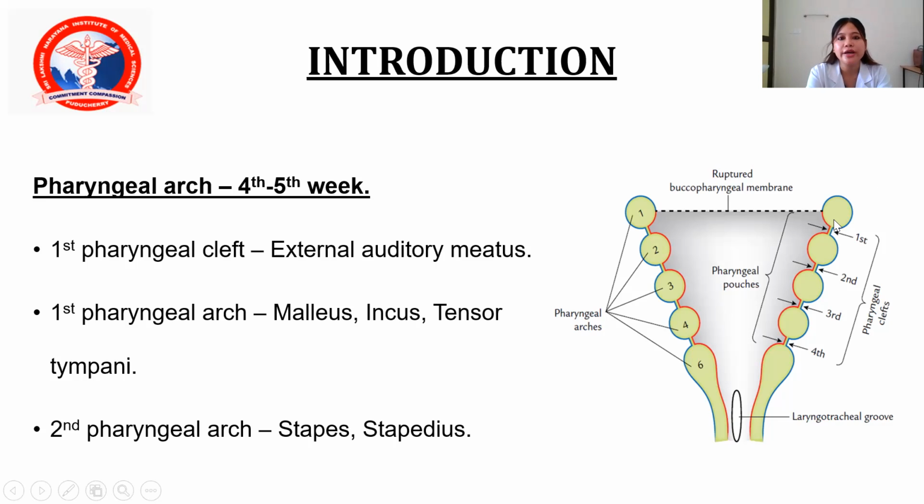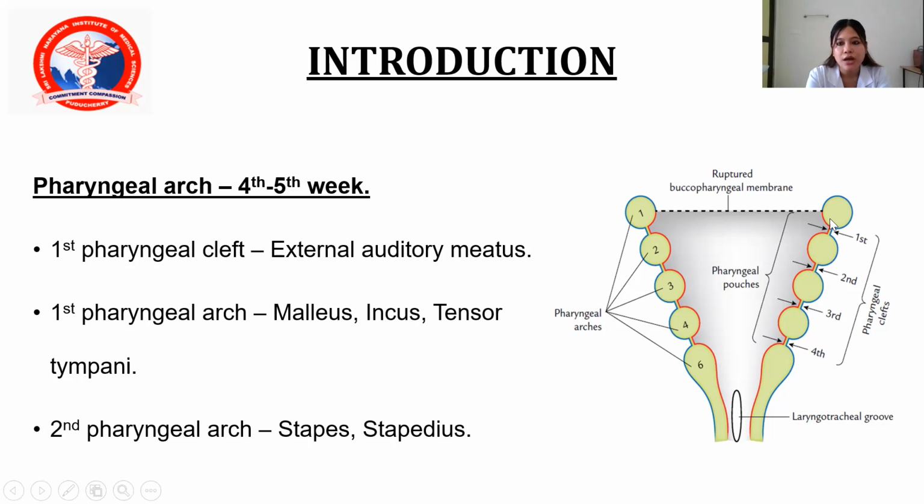So in this picture, you can see here, these are the pharyngeal arches, first, second, third, fourth, and sixth. As we know, the fifth pharyngeal arch disappears. And these are the first, second, third, and fourth pharyngeal clefts. The first pharyngeal cleft develops into the external auditory meatus.